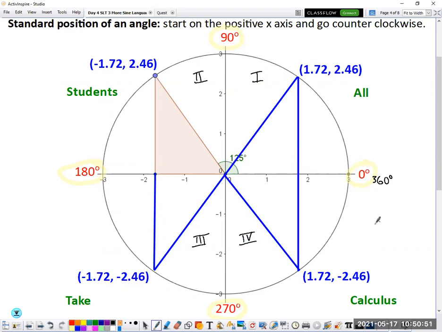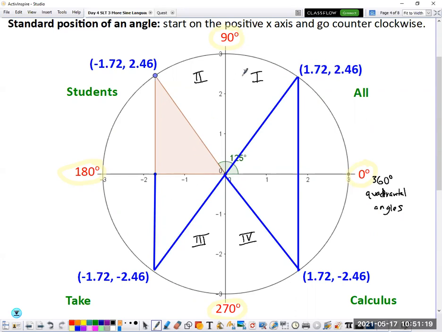I love this because it's very literal. These are our quadrantal angles. These angles that are multiples of 90, I want you to please make a note that they are quadrantal angles. They get a special name because I can't draw a triangle for them. They are special.